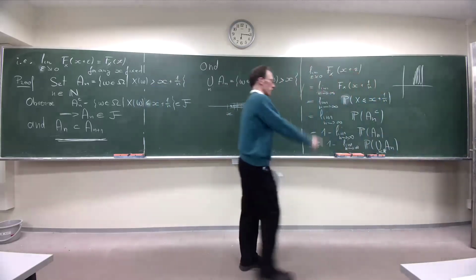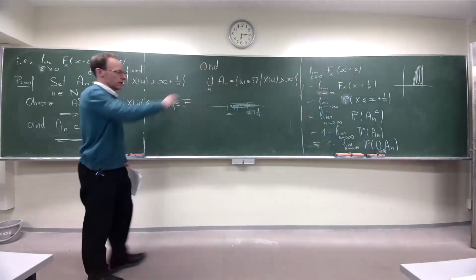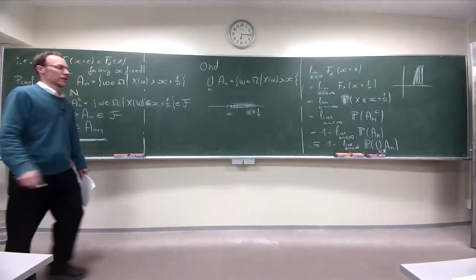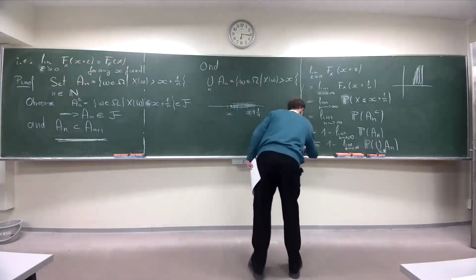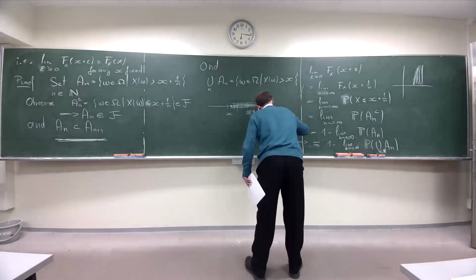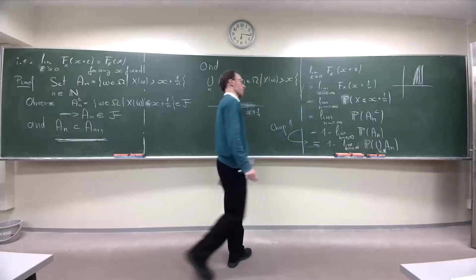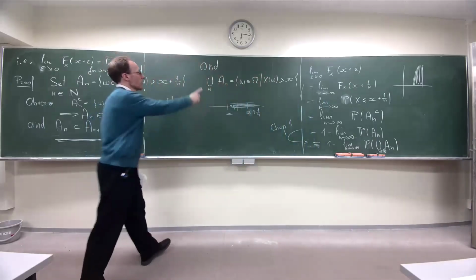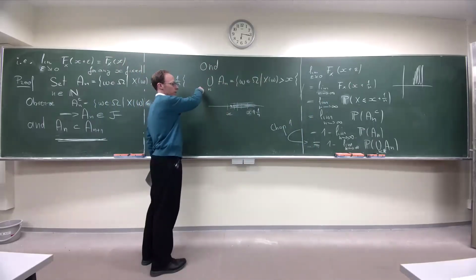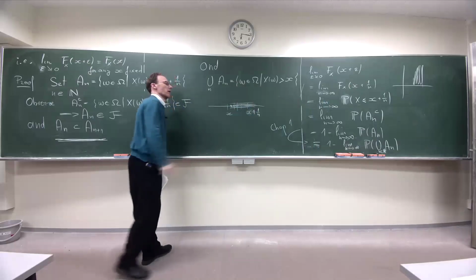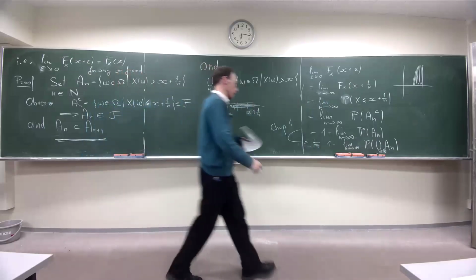So you can transform this limit of probability into the probability of the union. This is a theorem of chapter 1, the continuity of probability. And now, what is this union? It's this. Okay, so I need more space.